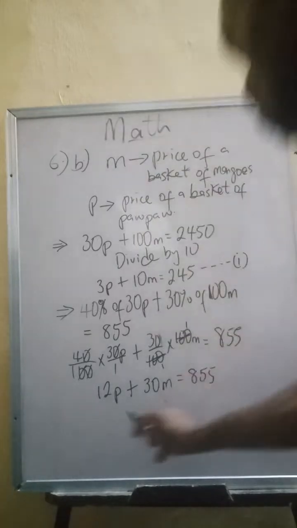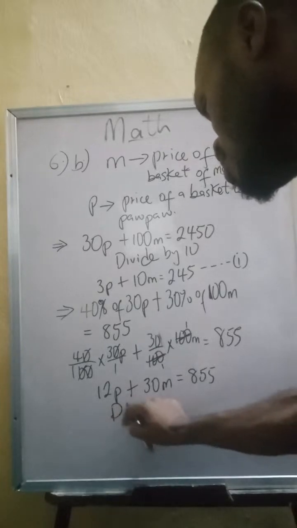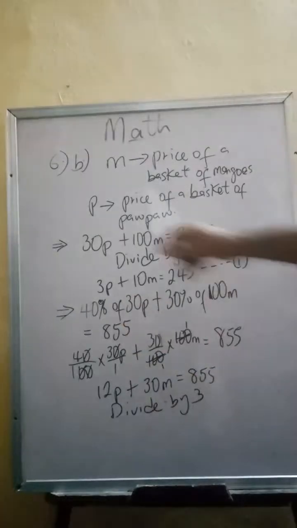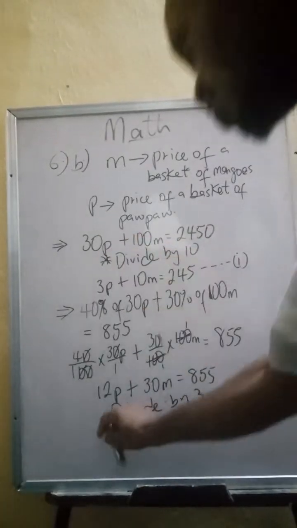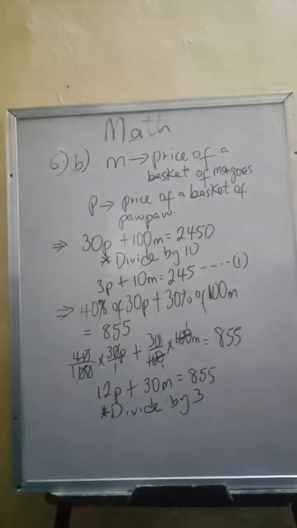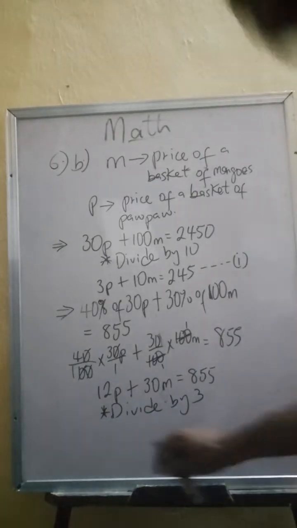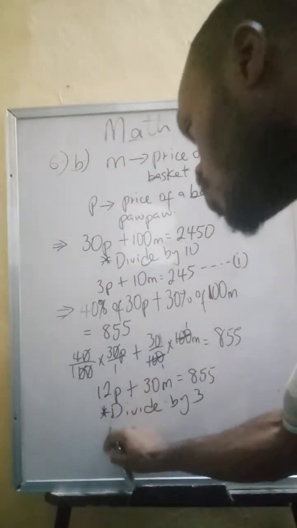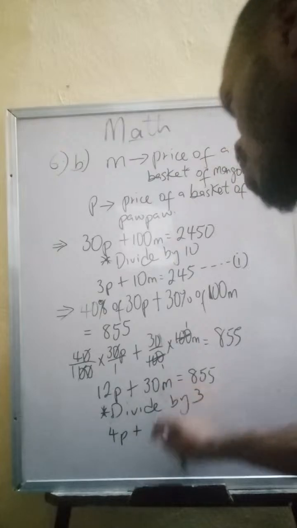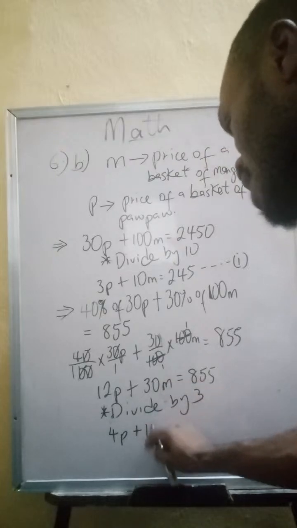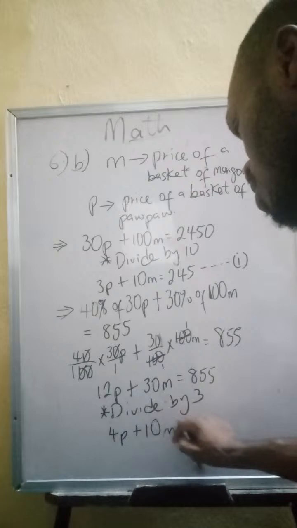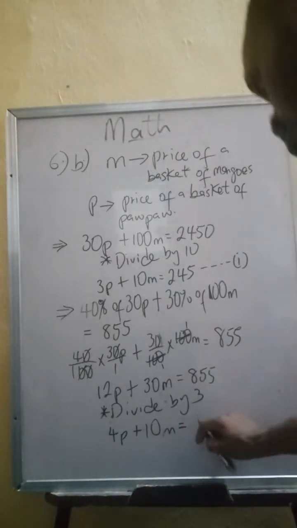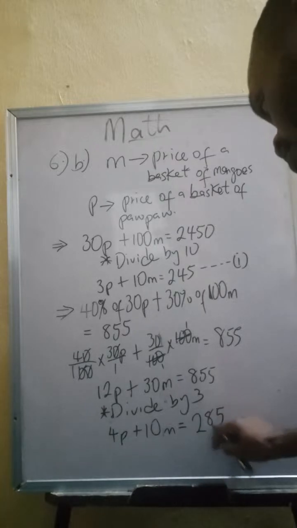And if we divide by 3, just as we did here, so let's do the same here. Divide everything by 3. You would have 4p, 12p divided by 3 is 4p, 30m divided by 3 is 10m, and then 855 divided by 3, you have 285.